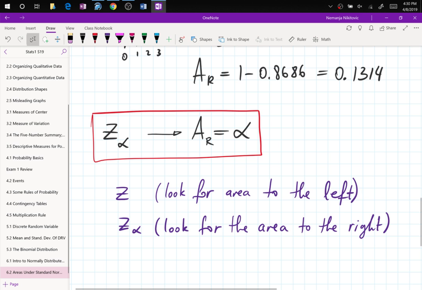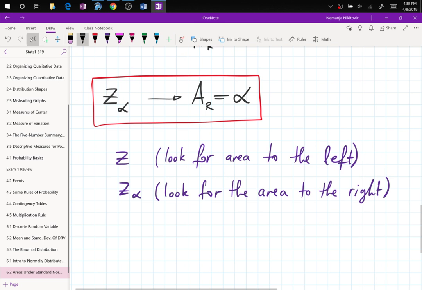Great. So now I have all of those, and the next order of business is to, well, let's do one more because we can. So how about z alpha is equal to negative 0.36. I can literally put whatever.